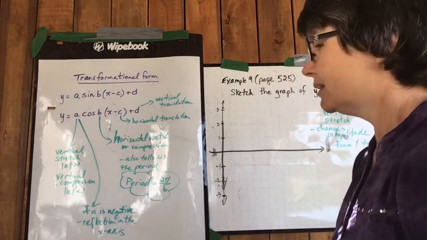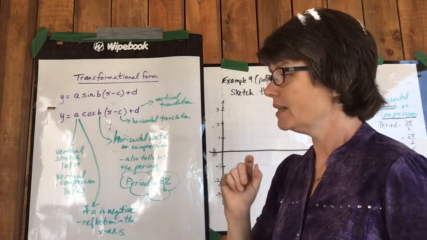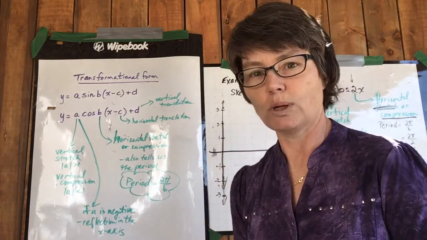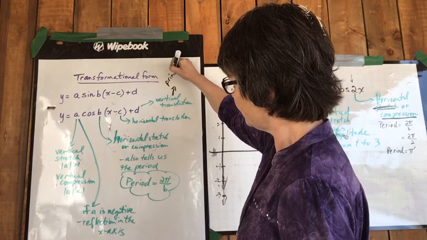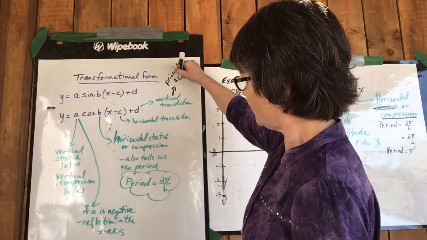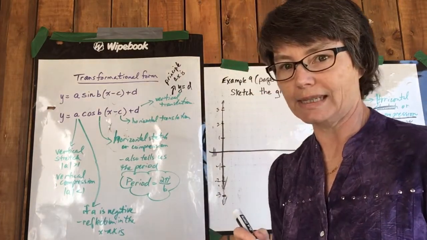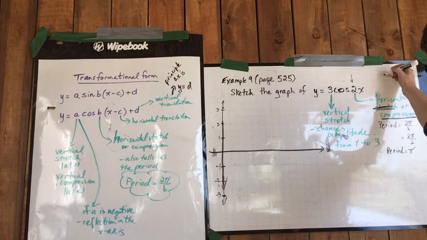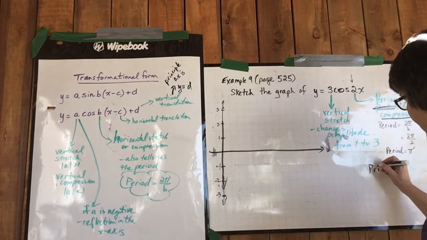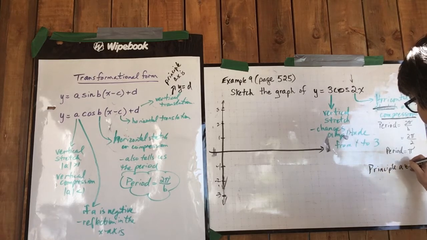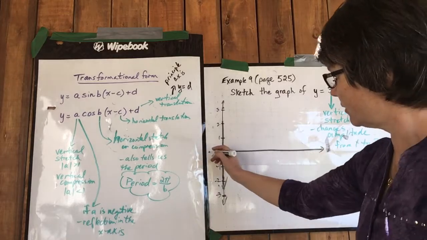Now let's talk about the last transformations: horizontal translation and vertical translation. Vertical translation will always tell you what the principal axis is. The principal axis will always be y equals d. So where is the principal axis here? There is no d value, so the principal axis is still at the x-axis, y equals 0. This is going to be the middle of the graph.